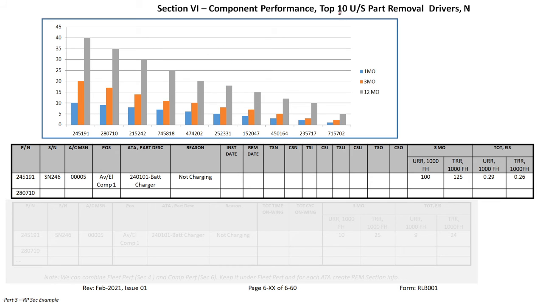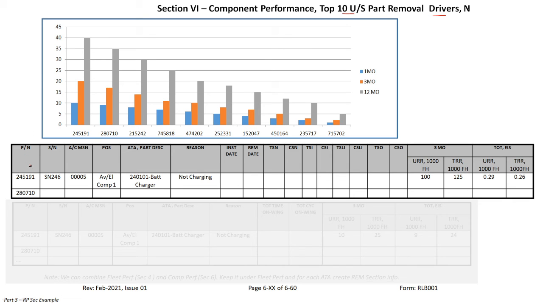As you can see, I put here the top 10 unscheduled part removal drivers. In our case, in section 4, we had the top 10 or 15, whatever, MyRep drivers. In your case, it can be 20, 50, whatever number it is. Okay? So what supporting information do we have? This table is just copy paste.